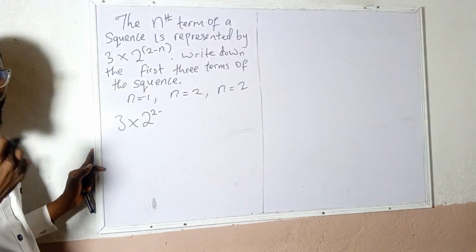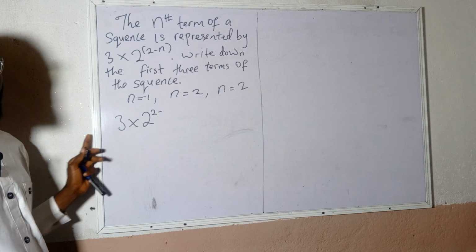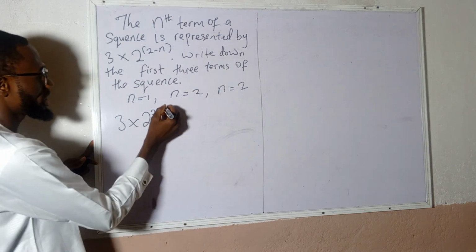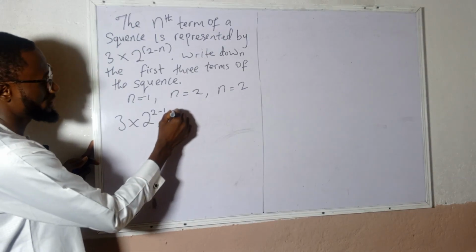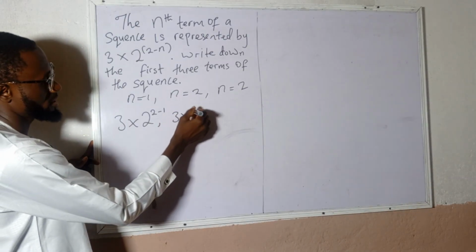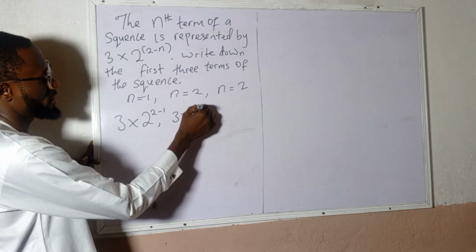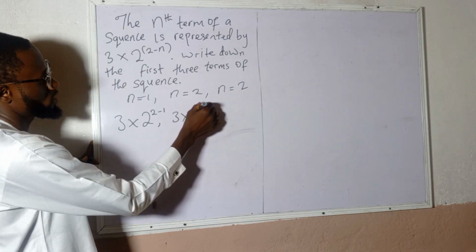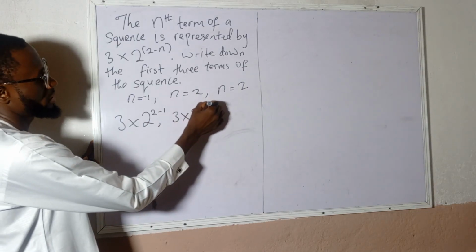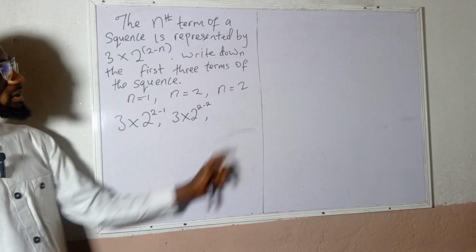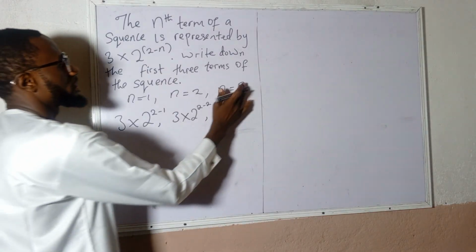Then we test when n is 1, when n is 2, and when n is 3. Then when n is 1, comma, we are going to test 3 times 2 raised to the power 2 minus 2 here, comma. We are going to test for n is equal to 3.